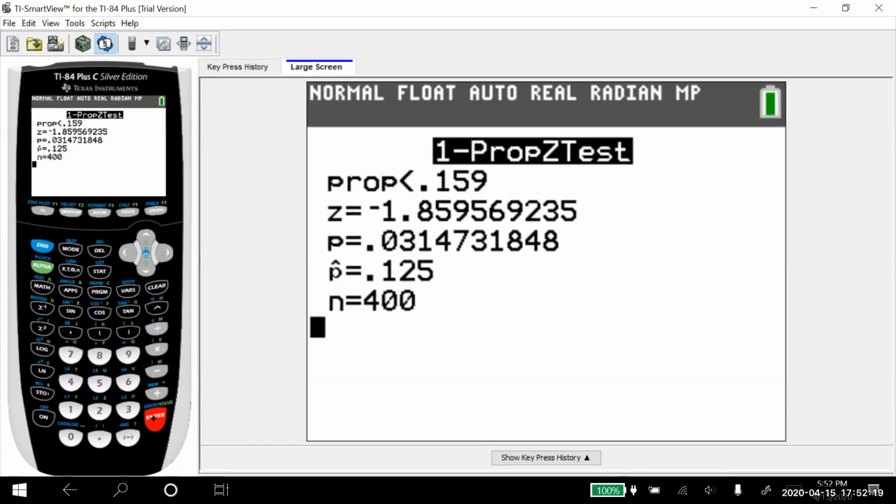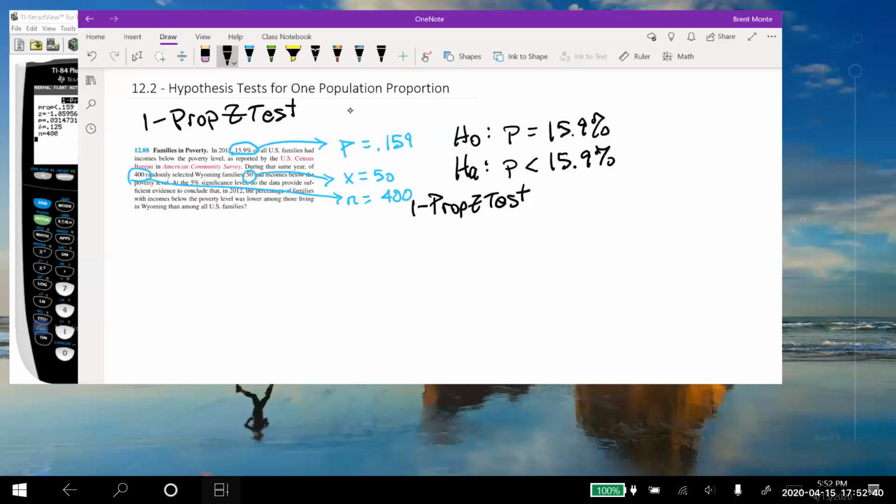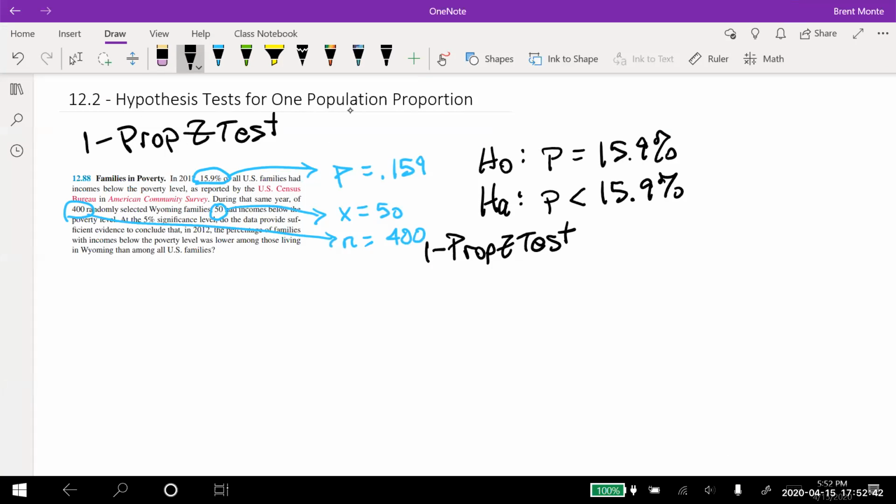So that was the third point estimate we've seen, because we had X bar for the mean, S to estimate the population standard deviation, and then we have P hat to estimate the population proportion. So let's flip back through. I jotted those numbers down, and we'll finish our hypothesis test. So again, they told us Z, negative 1.86.